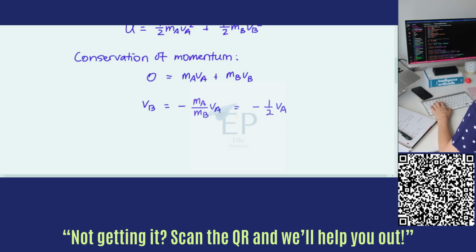So we can actually calculate vA first. U is equal to half mA vA squared plus half mB vB squared, and you can substitute vA first. vB will be negative half vA.